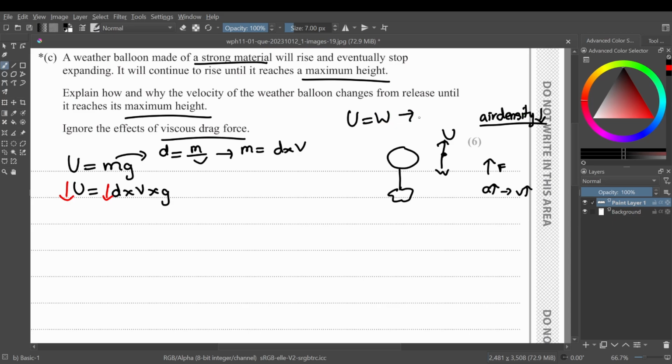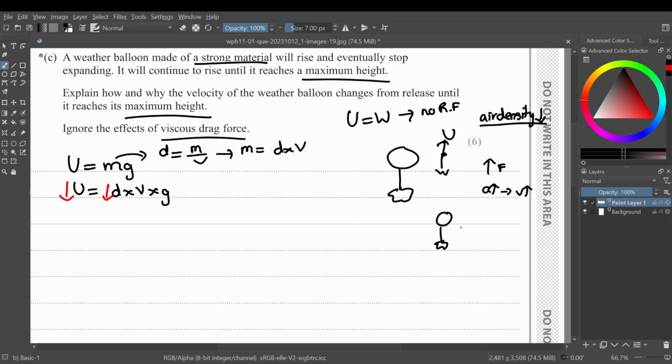Now there will be some point where the upthrust and weight become equal, which means there will be no resultant force, so the balloon will stop accelerating. But remember that the balloon will not immediately stop.